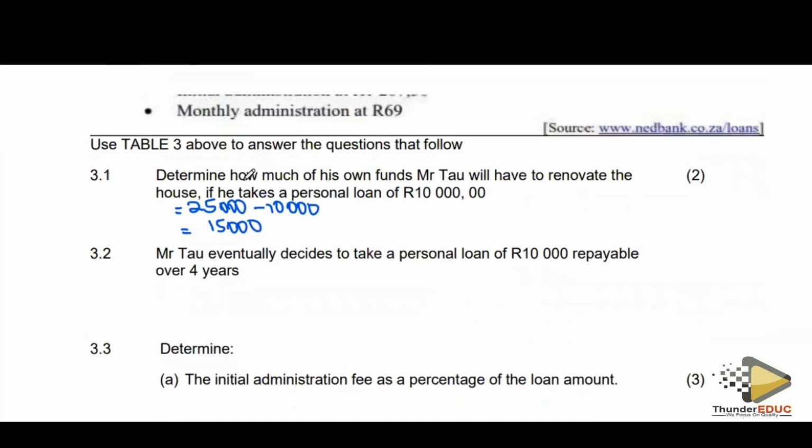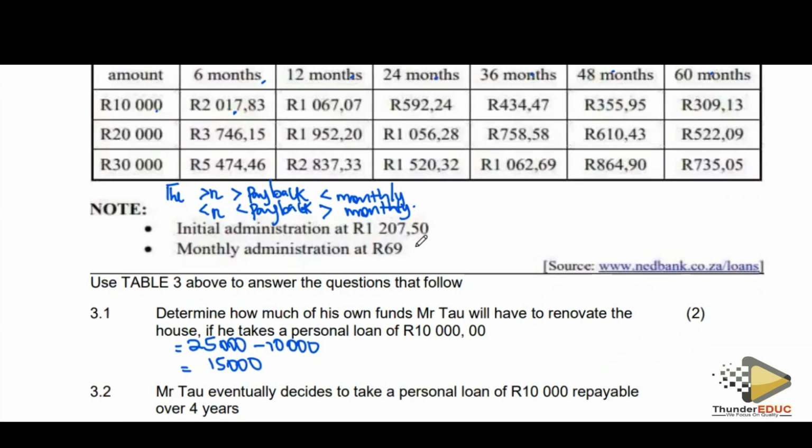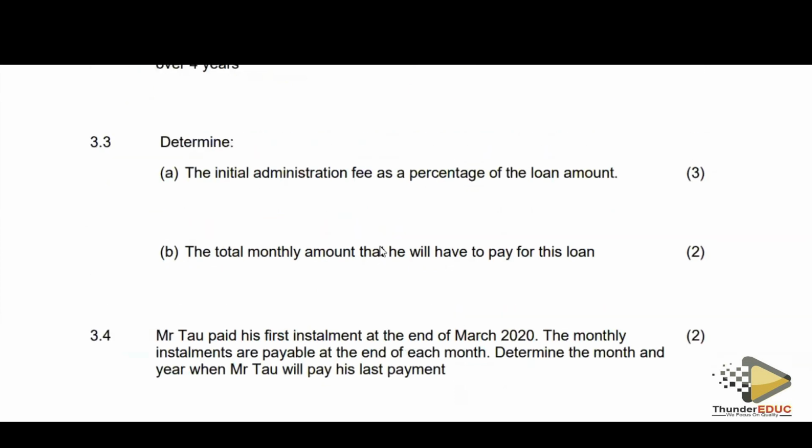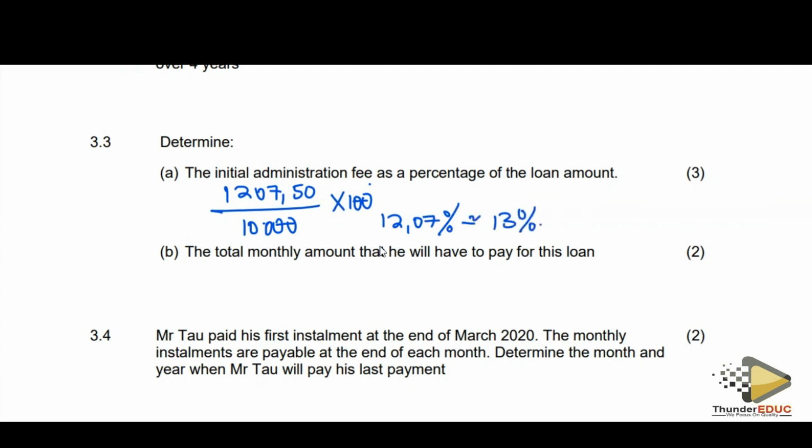Let's go and find out what the initial admin fee is. The initial fee is 1,207.50 cents, 1,207 rands 50 cents. You divide by the loan amount, but remember he has taken 10,000, times 100. This is approximately 13.